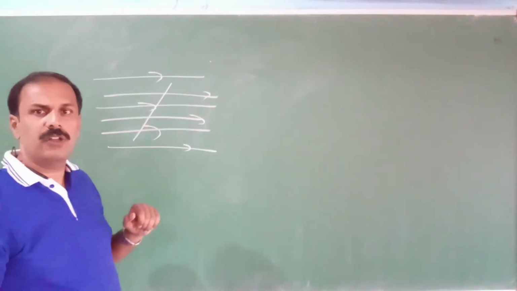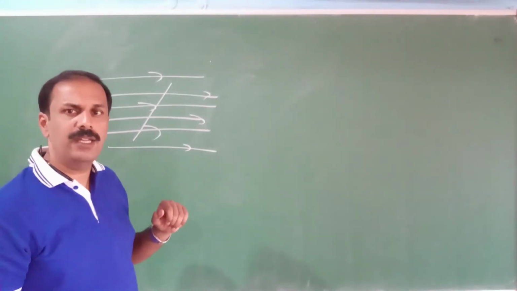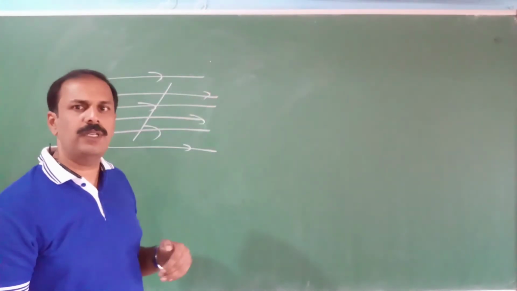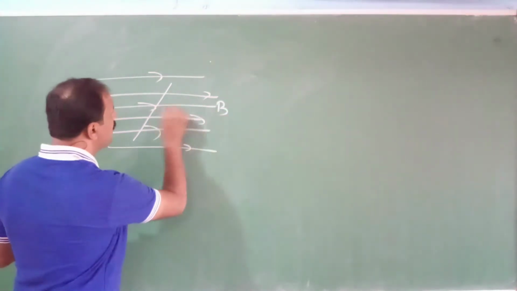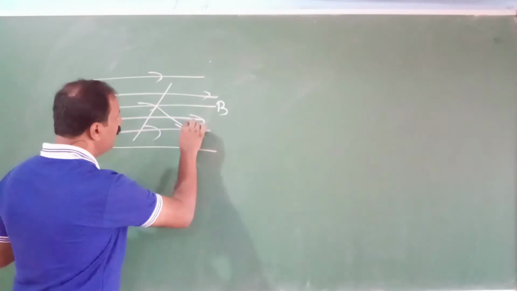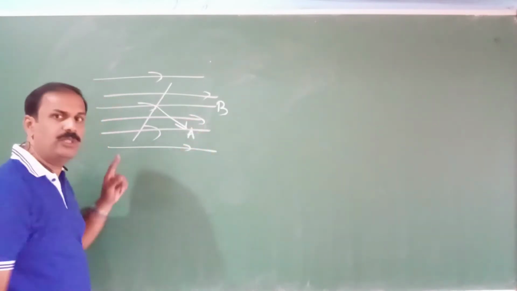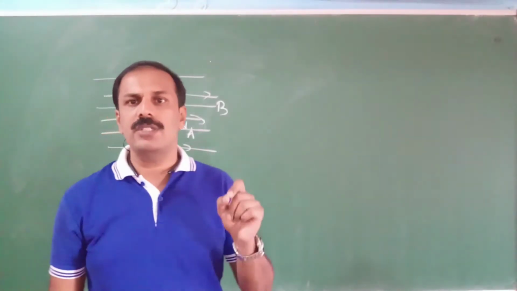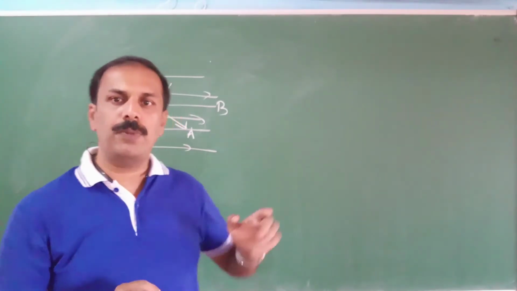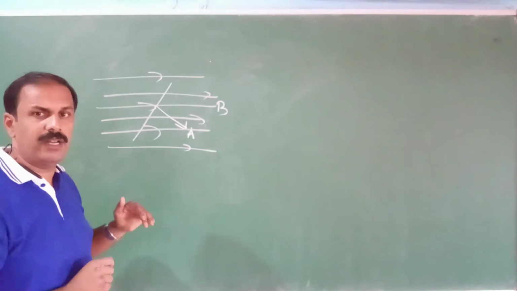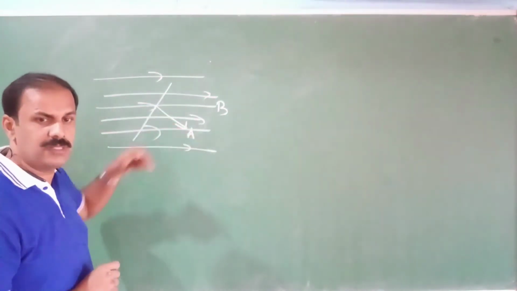In this case, we have to consider the area as a vector, same as what we did for the electric flux. So if the magnetic field direction B is in this way, your area will be in this direction. I think you know that. Whenever we consider area as a vector, the direction of the area vector will be perpendicular to the actual area. So our area vector is like this.